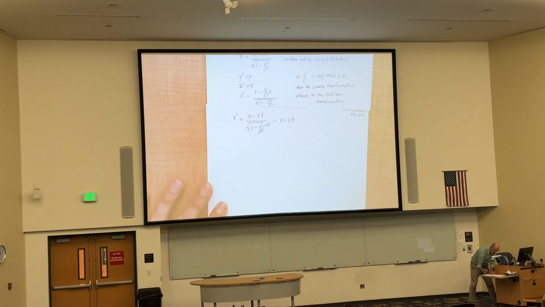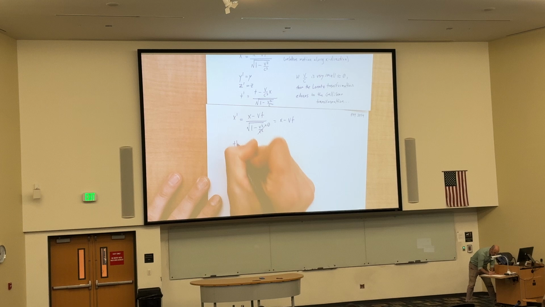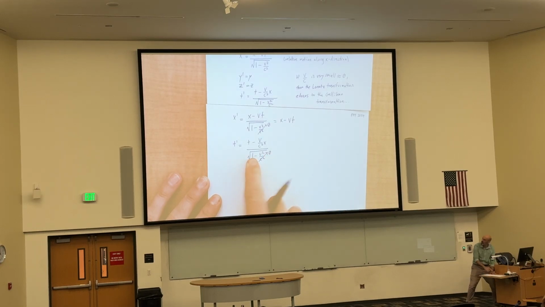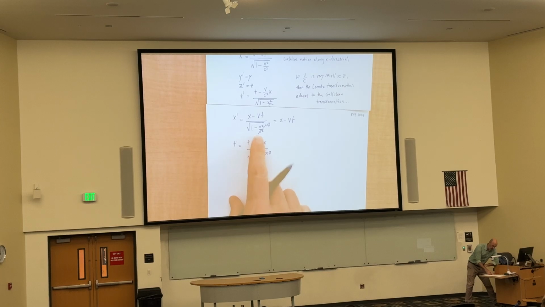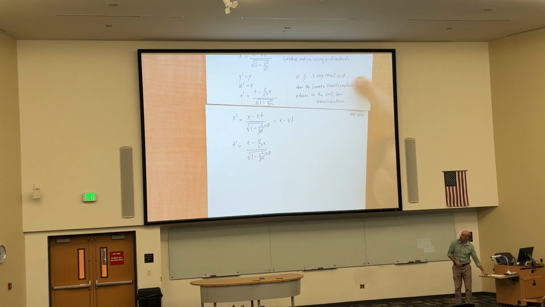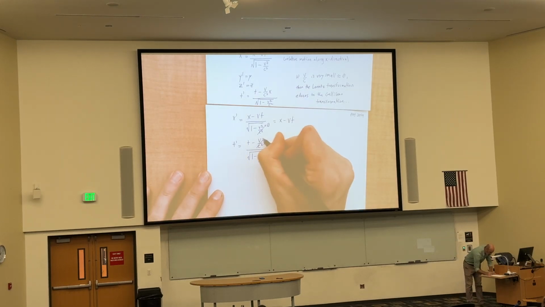And y prime and z prime are the same as what we had before in the Galilean transformation. And t prime, which is equal to t minus v over c squared times x divided by the square root of 1 minus v squared over c squared. So this again is 0, so again, I'm dividing by 1. So I have t minus v over c squared times x. But if v over c is essentially 0 for small v over c, then v over c squared is even closer to 0. So this second term goes away as well, and that's just t.